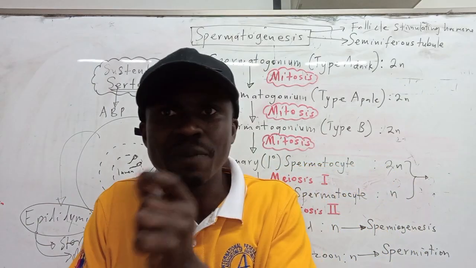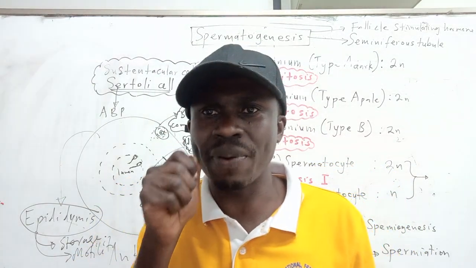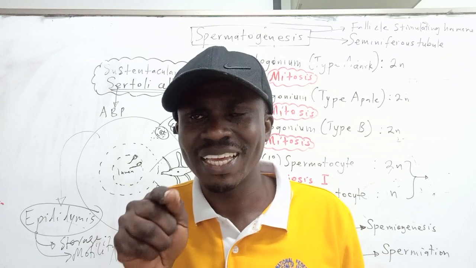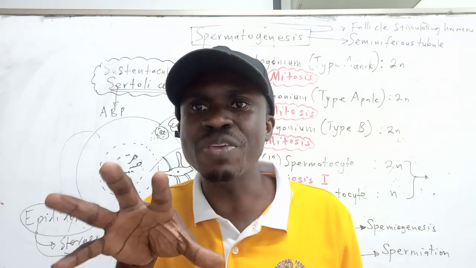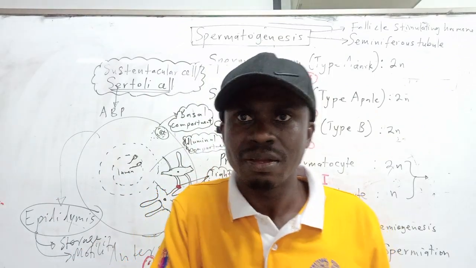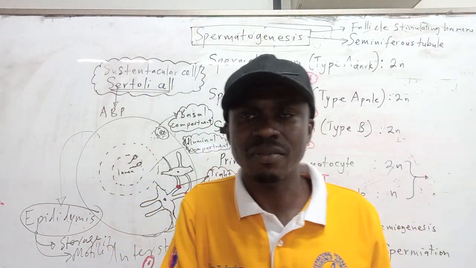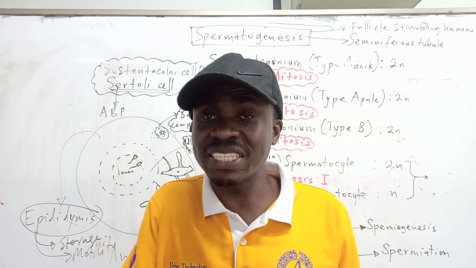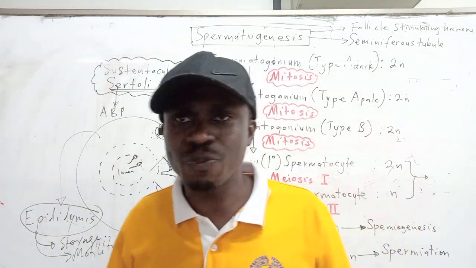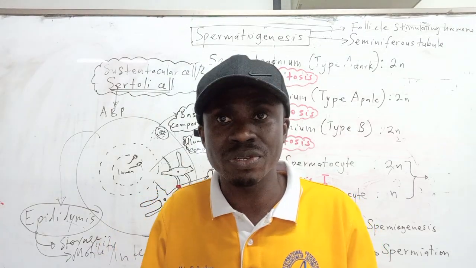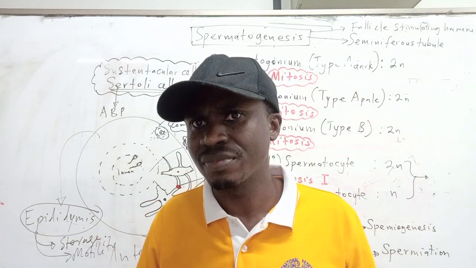My friends, the place where it is going to gain that functional capacity is only and only inside the female reproductive tract. Without gaining entrance in there, this so-called functional spermatozoon cannot fertilize anything.